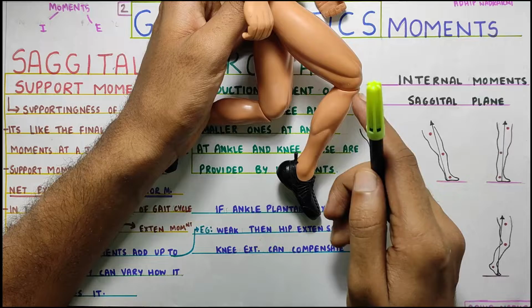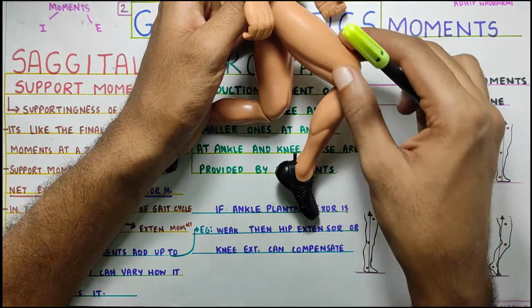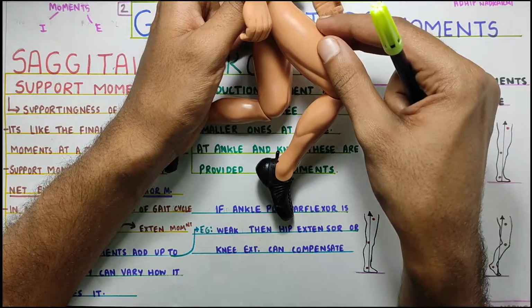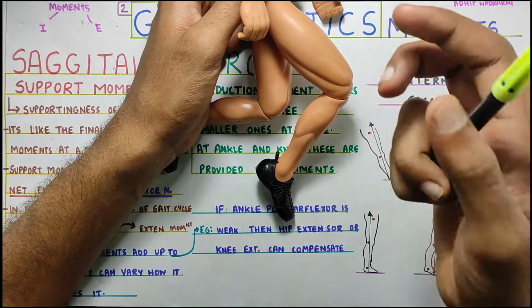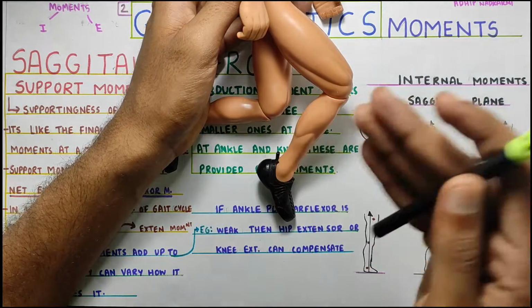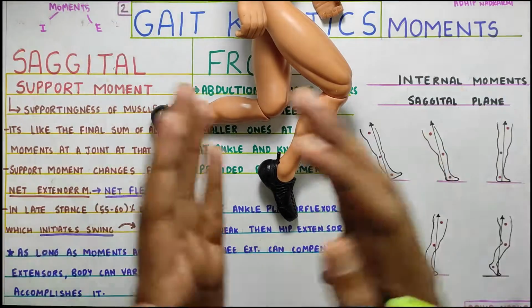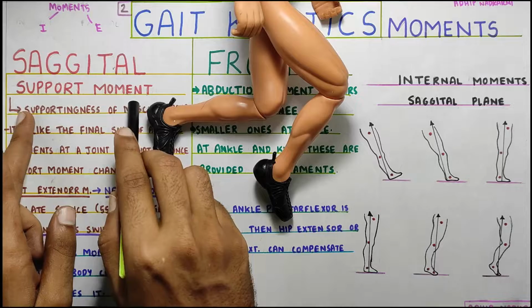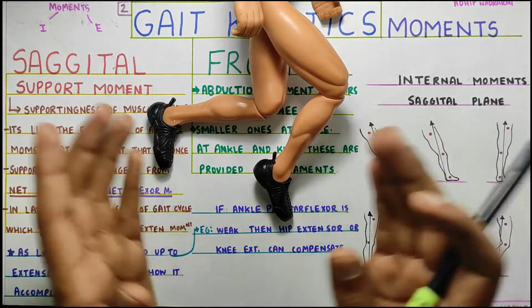Now, what will happen? Your quadriceps will be working over here to prevent that flexion, and this will be your internal moment. So that's what we are going to study, how the internal and external forces behave to create these moments, what are also called the support moments, and we will see the relationship between these.